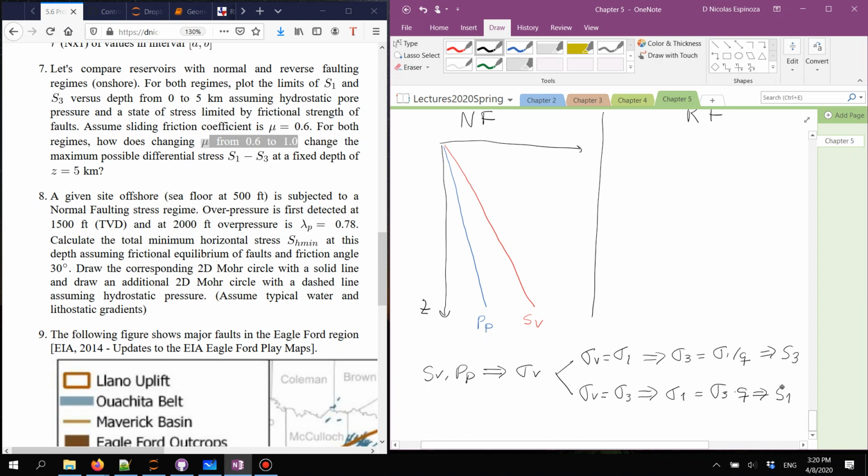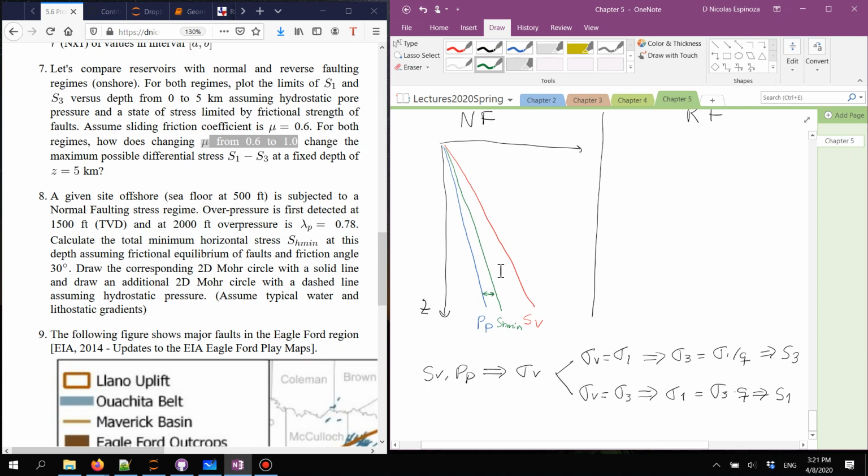So after you do all this workflow, depending on the friction angle, you're going to get a solution which is somewhere over here. And where it exactly plots is going to depend on the friction angle. As I was saying before, the higher the friction angle, the higher is going to be the anisotropy ratio that the rock can support.